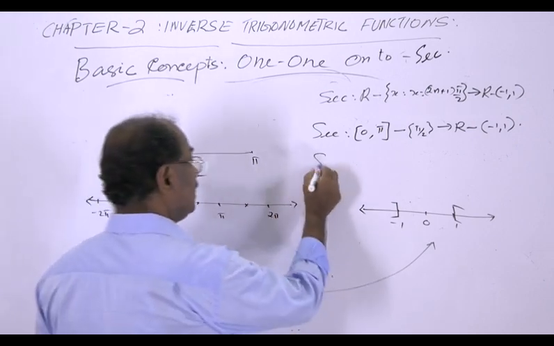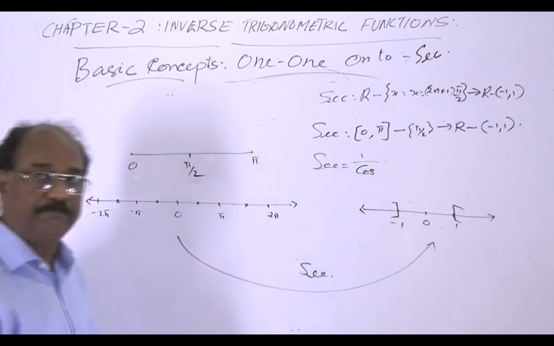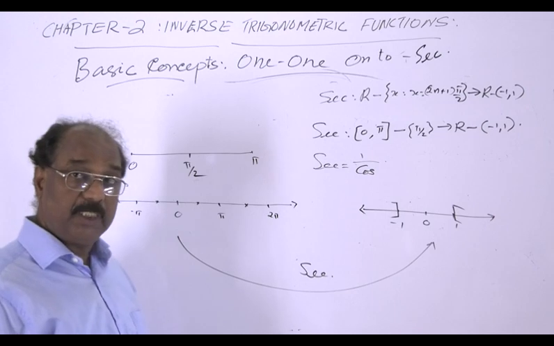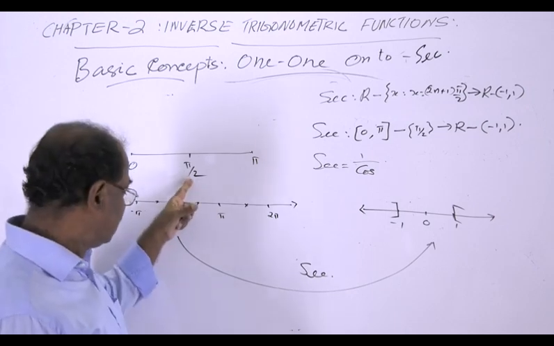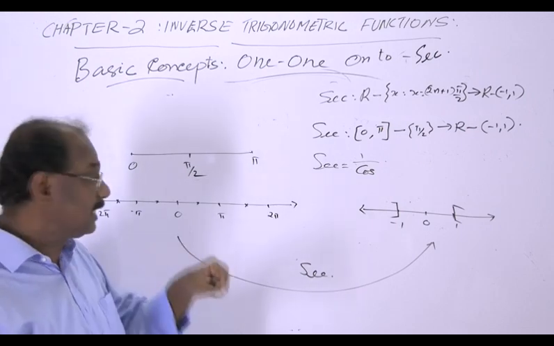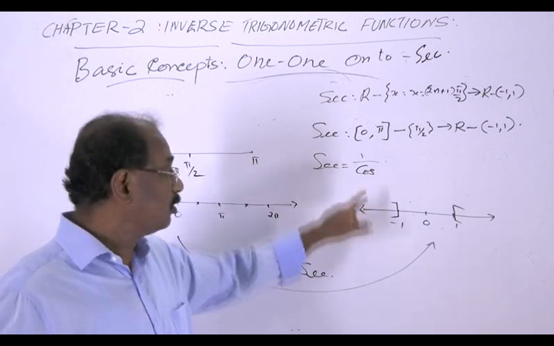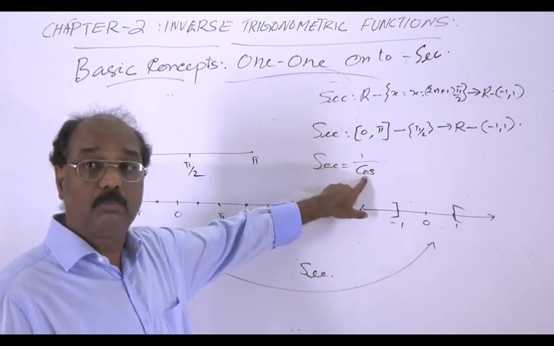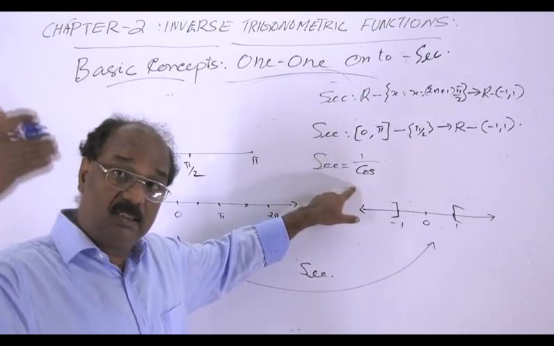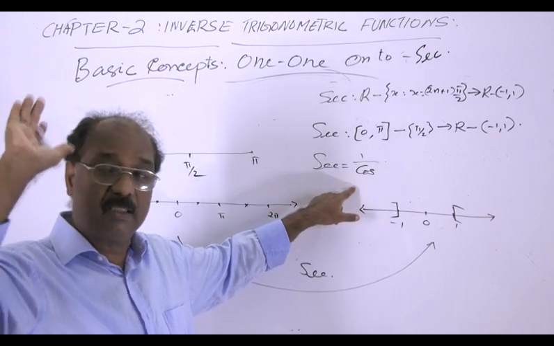We know the secant function is 1 by cosine. At pi by 2 the secant function is excluded, since cos pi by 2 is 0, so secant is 1 by 0, not defined, but we may say infinity, in the sense that it is not defined.